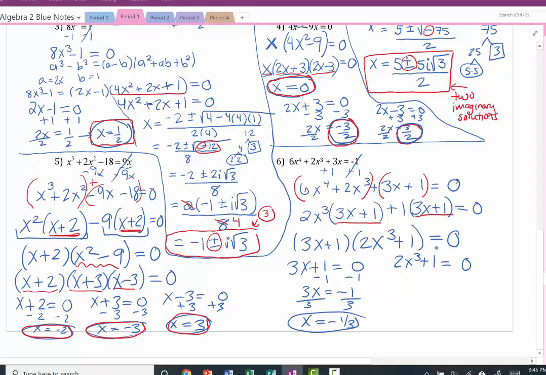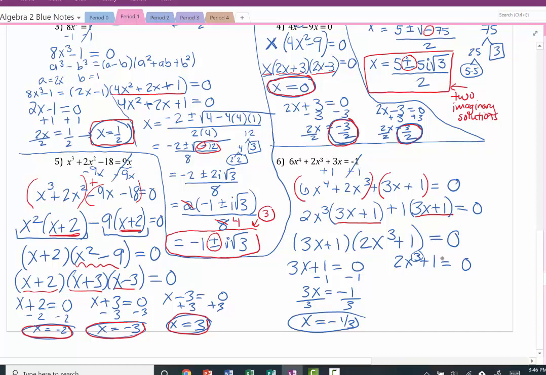Now the thing with this one, I know this has 3 solutions, right? Because the highest power is 3. But because this is not a perfect cube, the 2 is not a perfect cube, I could factor this using the sum of cubes formula. I could just think of a as the cube root of 2. But at this level in Algebra 2, I'm not going to make you do that.